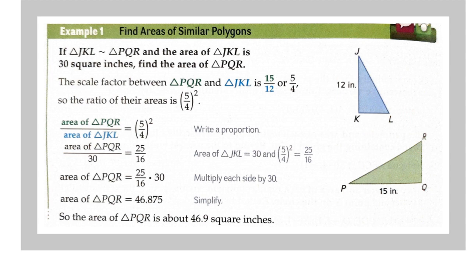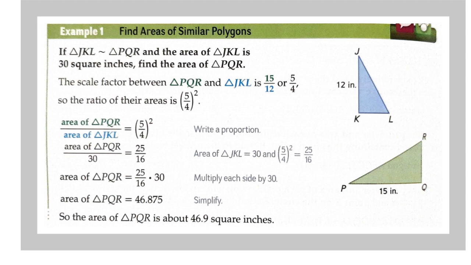So we know that the scale factor between triangle PQR and JKL is 15 over 12, which can be simplified to 5 over 4. And according to the previous theorem, the ratio of their areas is 5 over 4 squared.